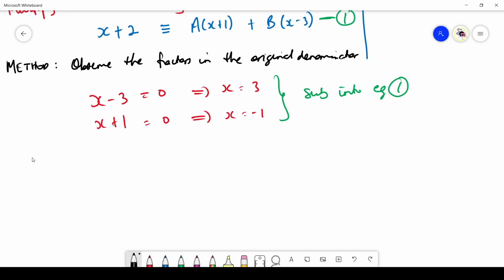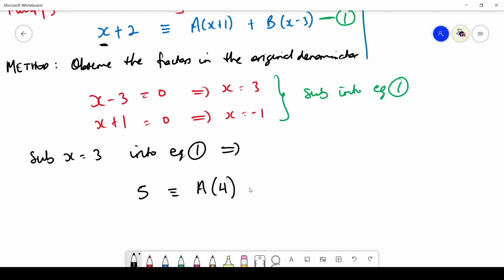Nice. So how about we go ahead and we're going to sub that value of x is equal to 3 into our equation 1. And the reason we do this is because it's going to eliminate stuff, right? On the left-hand side, if x is 3, you'll get 3 plus 2 is just 5 is equal to, on the right-hand side, you'll get an open bracket 3 plus 1 gives us 4.